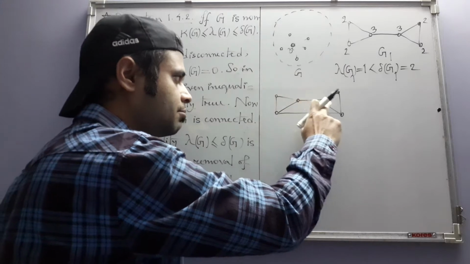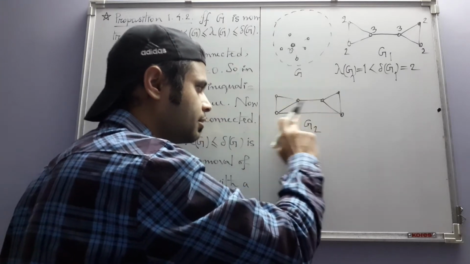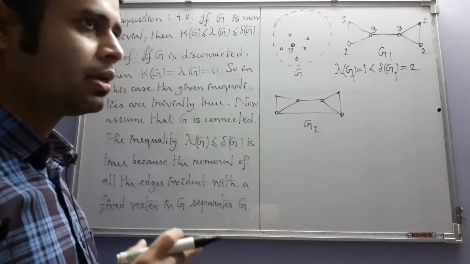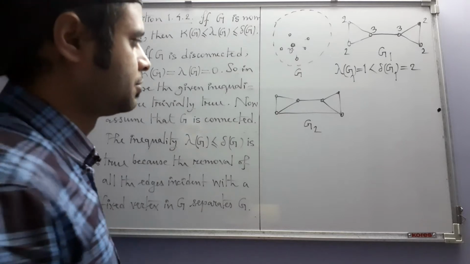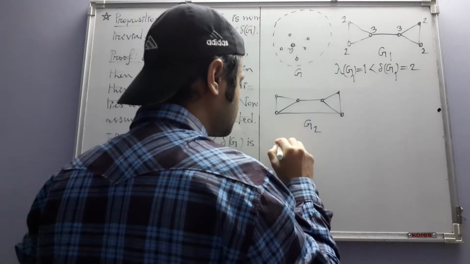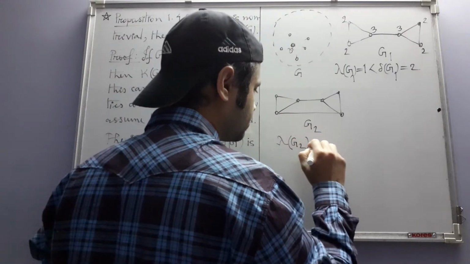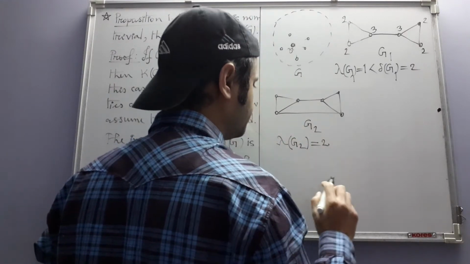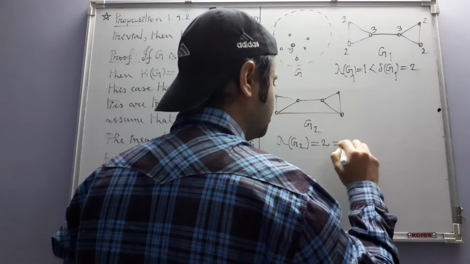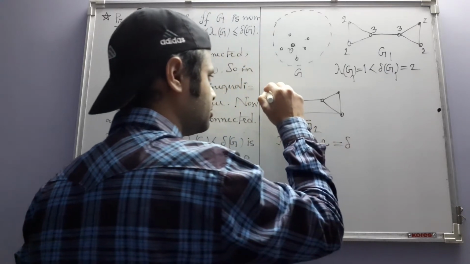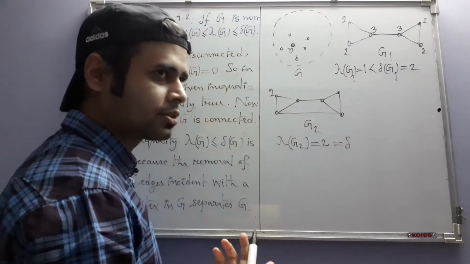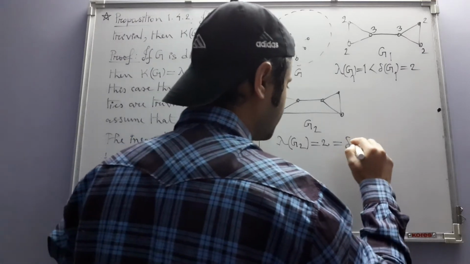It has now become a part of, say, this cycle. So its removal does not disconnect the graph. In this case, the edge connectivity is 2 and the minimum degree is of course also 2 because we do have a vertex of degree 2.